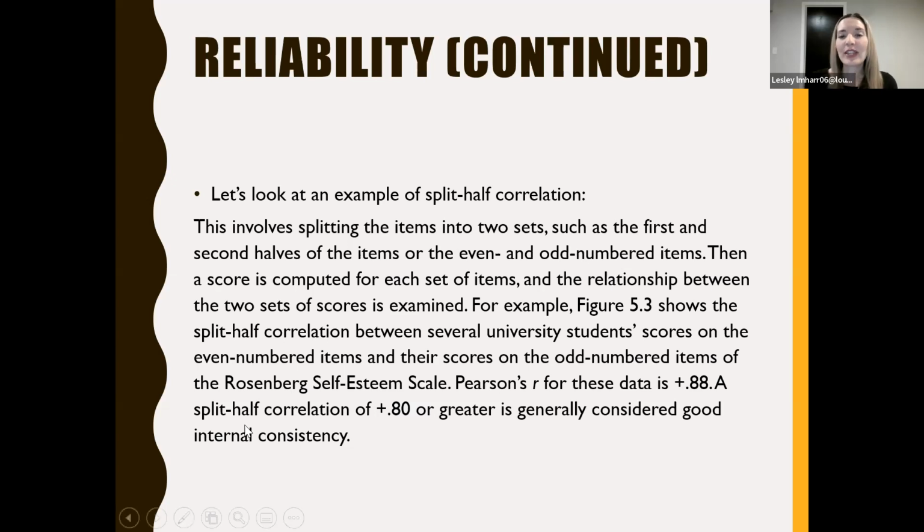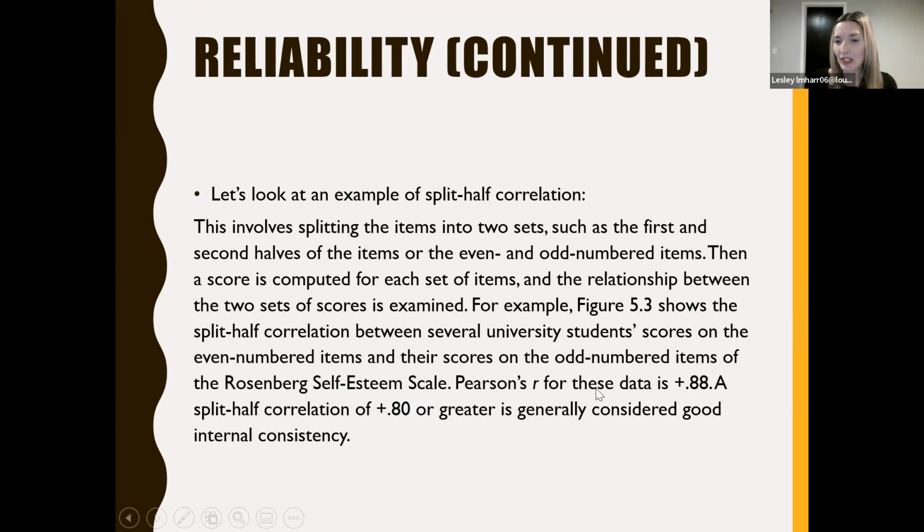Okay, so this another thing that you can look at in terms of justification of using a measure is split half correlation. So this involves splitting items into 2 sets. So let's say I have a 20 item scale, I might split it in 10. So the odds versus evens. And then a score is computed for each set of items. So a score for the odds and the score for the evens. And then the relationship between the 2 sets of scores is examined.